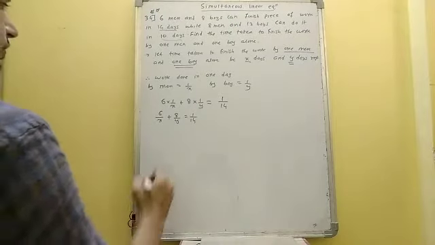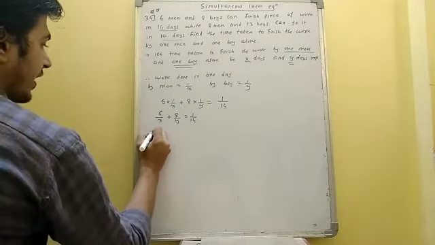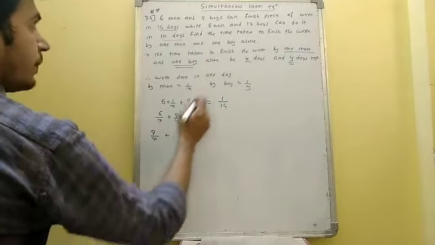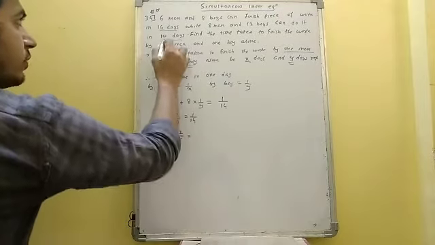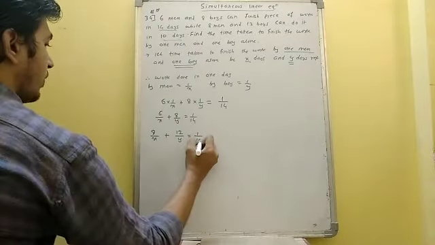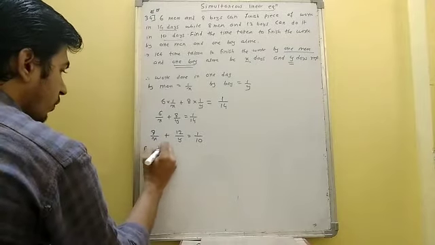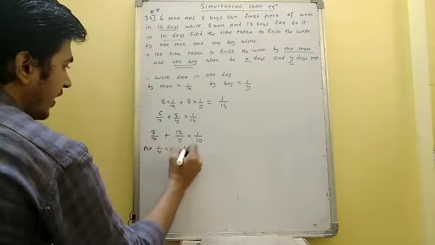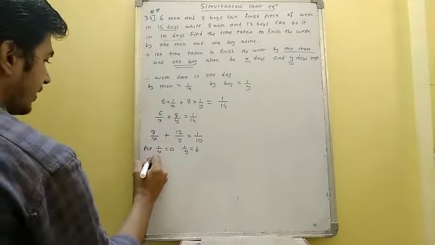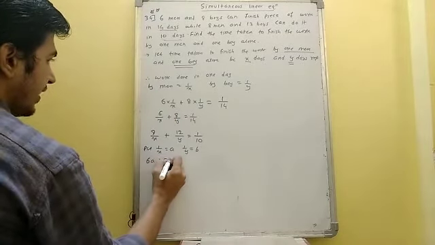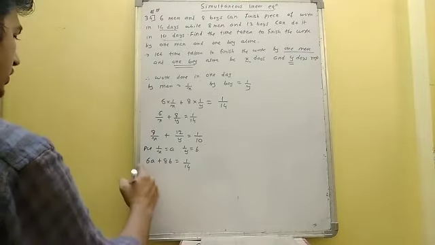Okay, now second condition, 8 men, so 8 upon x plus 12 boys, so 12 upon y, and together can complete in 10 days, so it is 1 upon 10. So we have variable in the denominator, so put 1 upon x is equal to a and 1 upon y is equal to b. So it is 6a plus 8b is equal to 1 upon 14. 14 will go there.